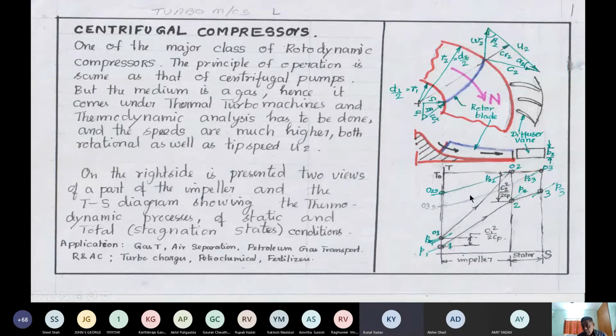But because I have taken another route, the pressure is reached with a lot of increase in entropy. If isentropically I had input all the energy from 01, I should have reached this T02S here. Correspondingly, the pressure also would have been higher, but that is not possible.